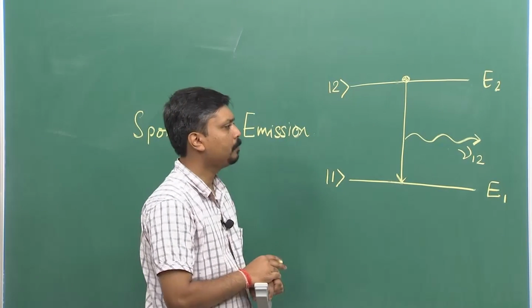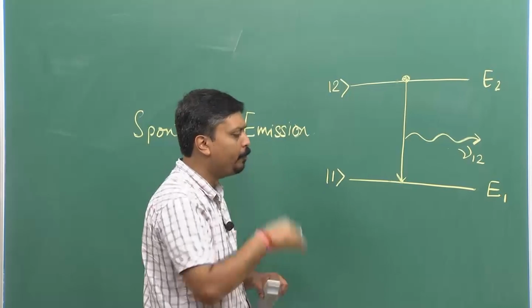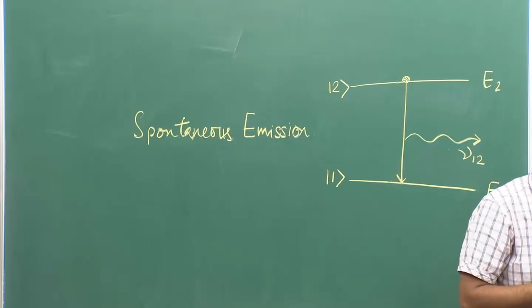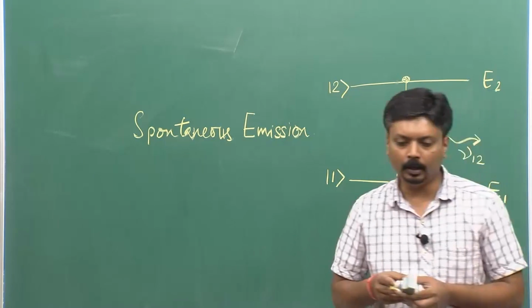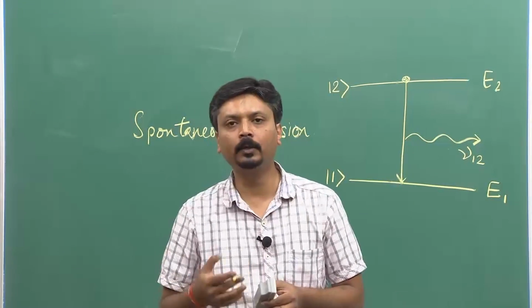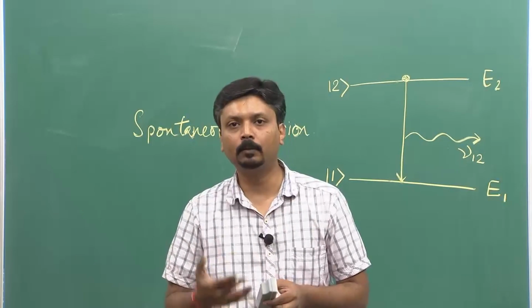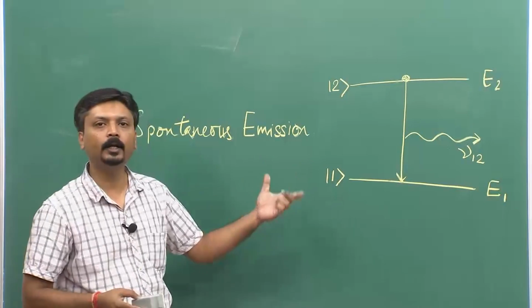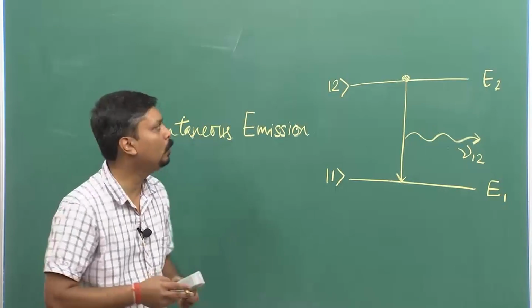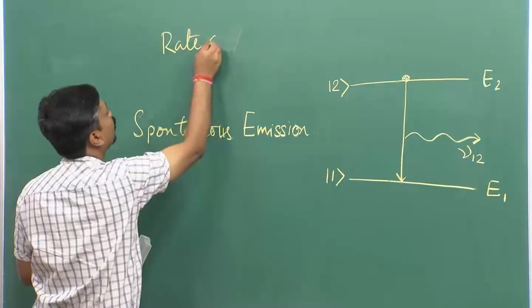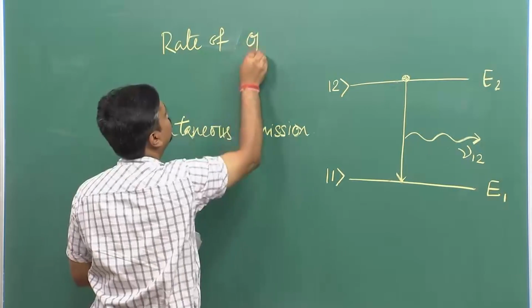Now, if we want to understand these transitions in a detailed way, and for that matter, if we want to really understand how a laser works, we need to understand these processes in terms of their rate. So, we need to know the rates of this optical transition.